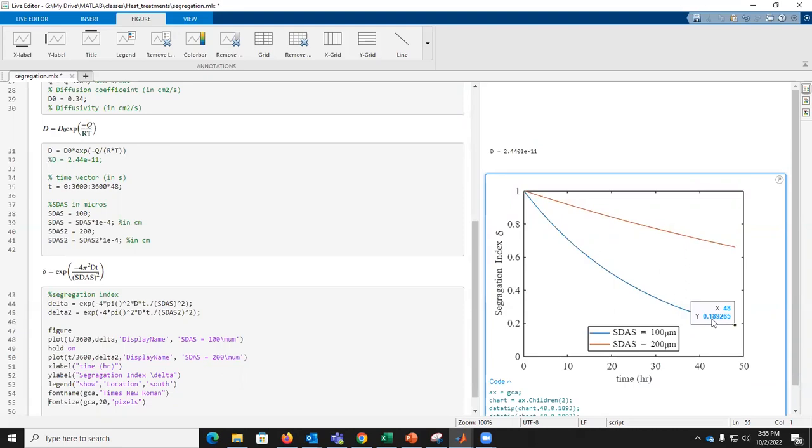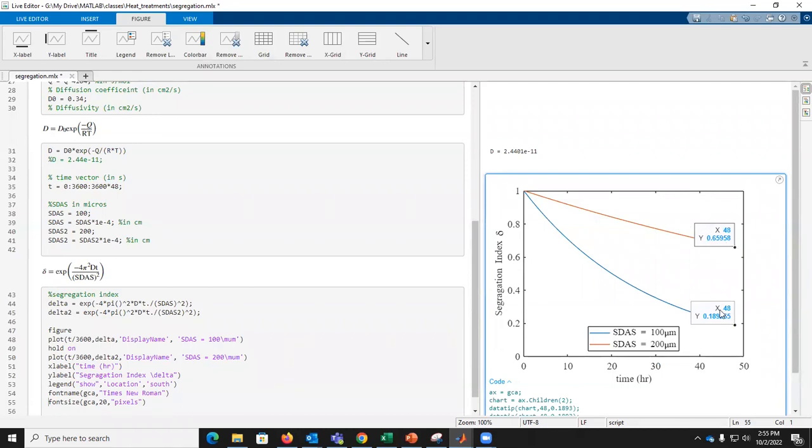It's a reduction of segregation. In the case of the 200, after 48 hours, I can see that it's 65 or 66 approximately. So 1 minus that is 34, right? So in this case we have 34% segregation reduction.